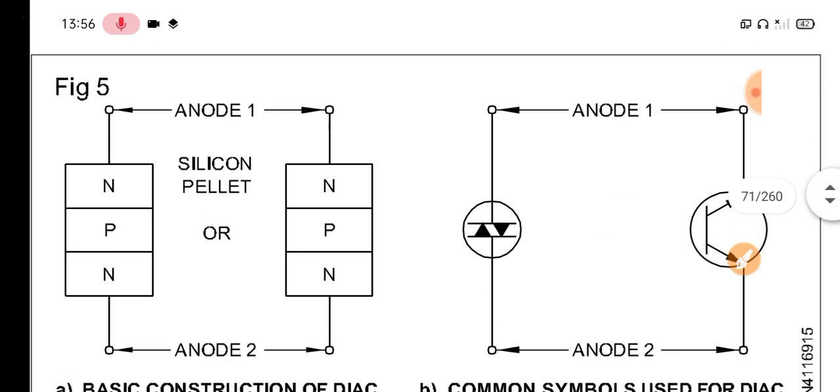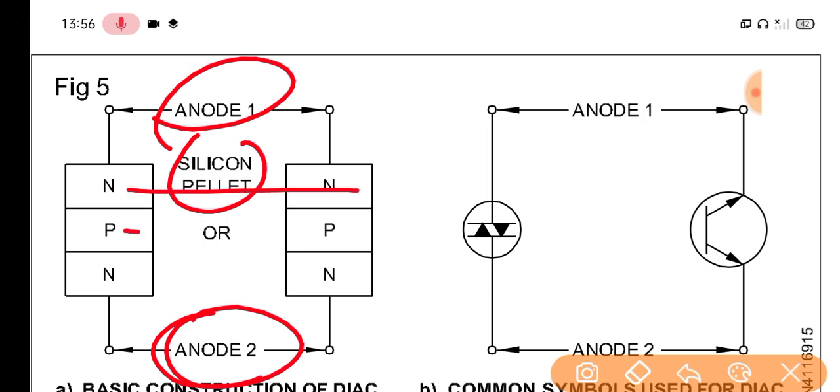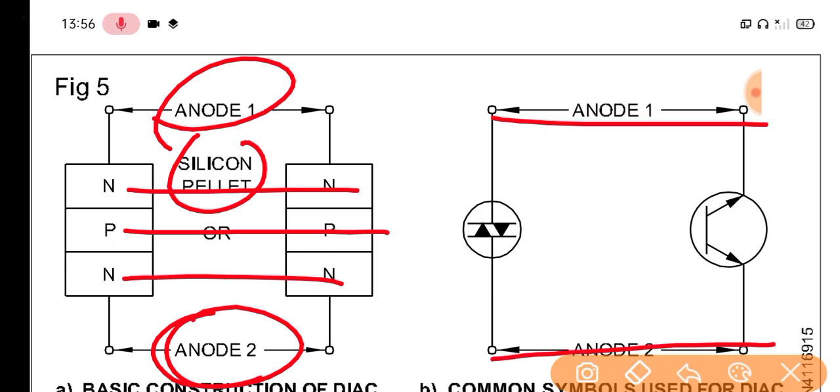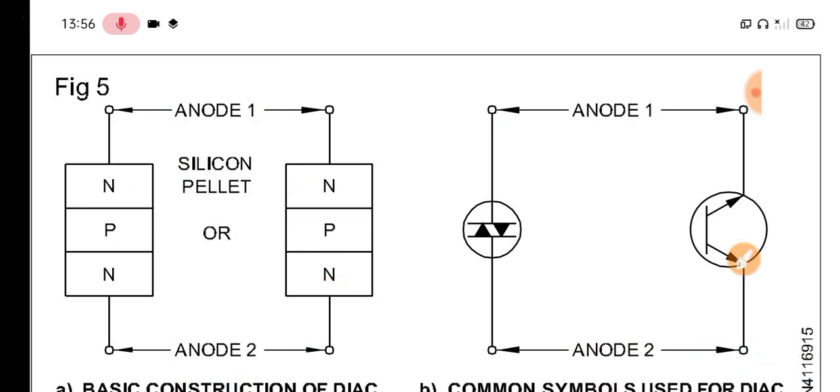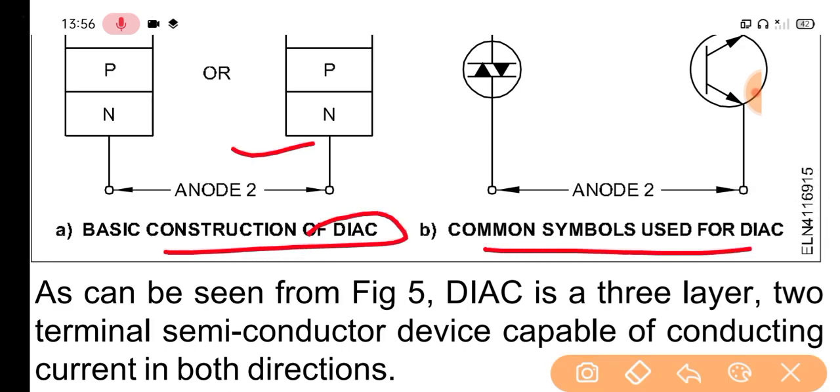Given picture 5, this is the anode terminal and this is the anode terminal. This is silicon pellet, N type, P type, N type, anodes. The basic construction of the diac, and the common symbol used for the diac.